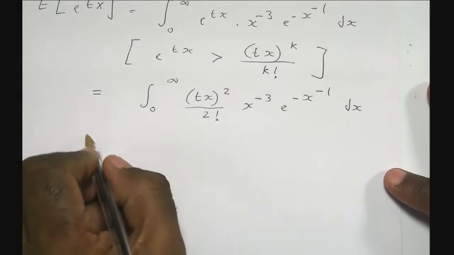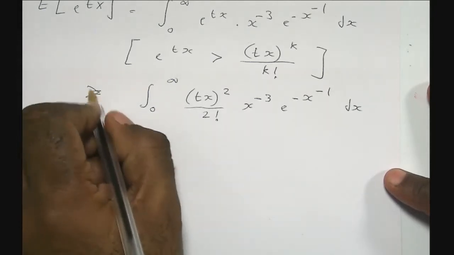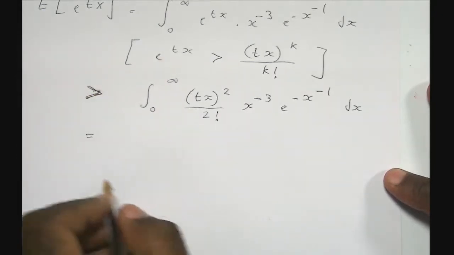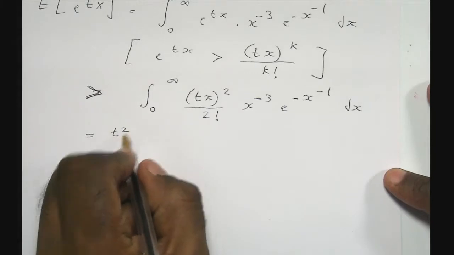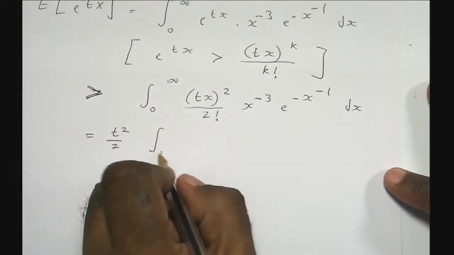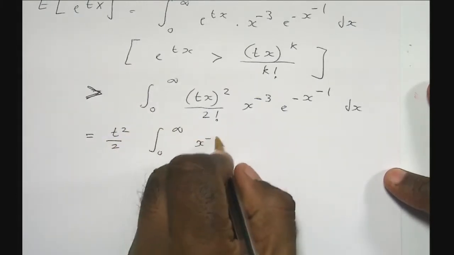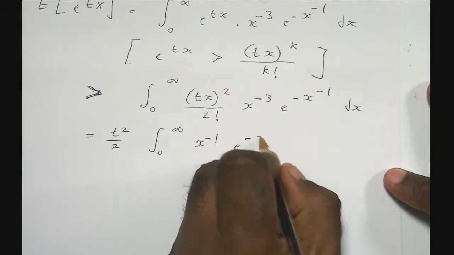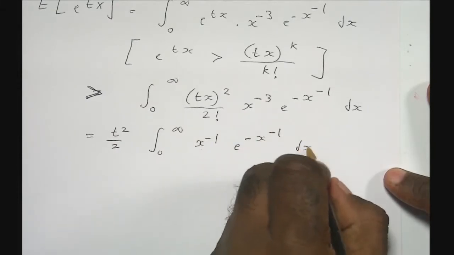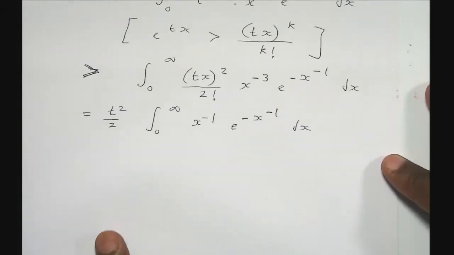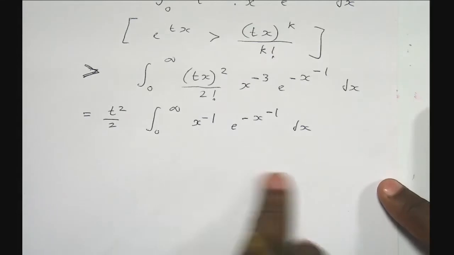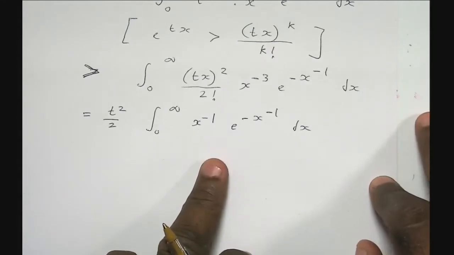Now this is greater than, this is equal to t squared divided by 2 times the integral from 0 to infinity of x minus 1. Now how do we integrate this? Ideas?